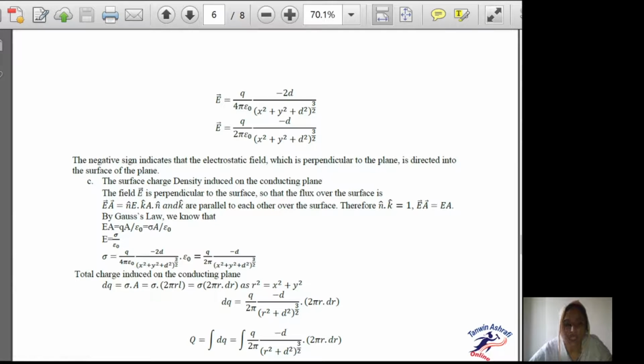Now, the second thing we have to find is the total charge induced in the conducting plane. Charge, we know, is nothing but charge density into area.